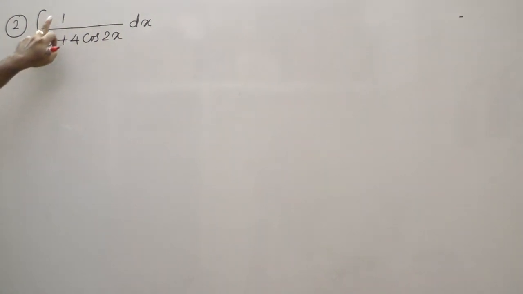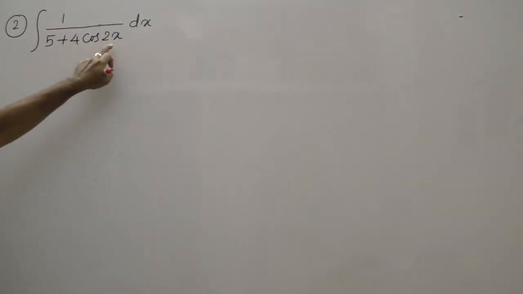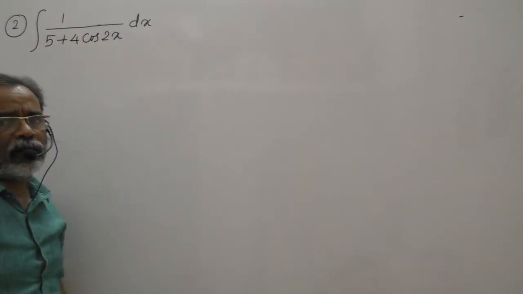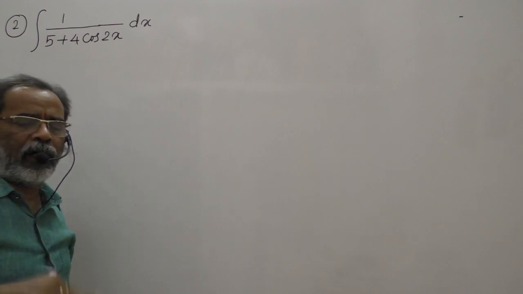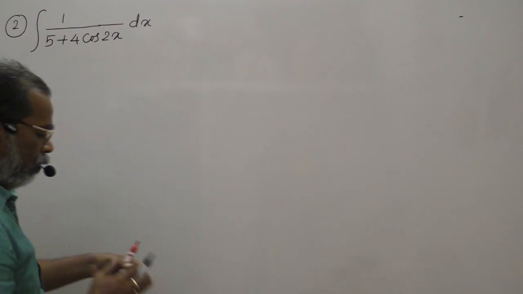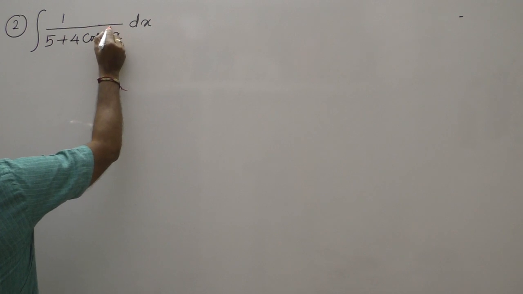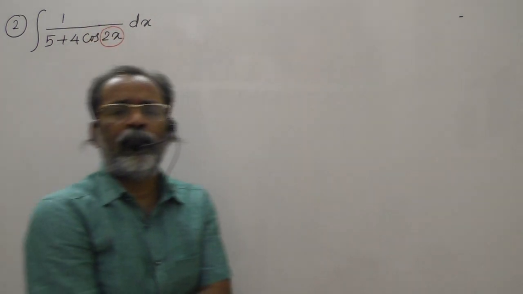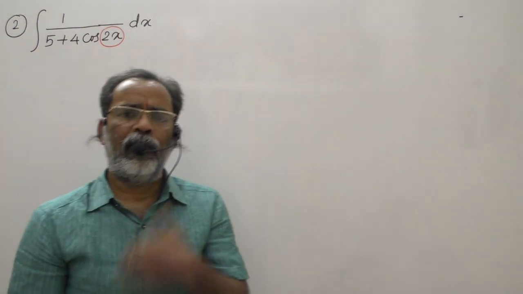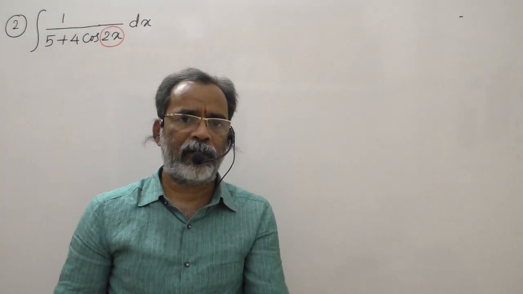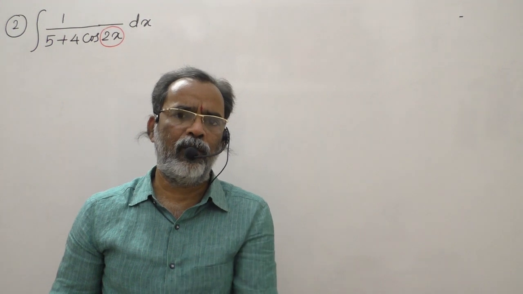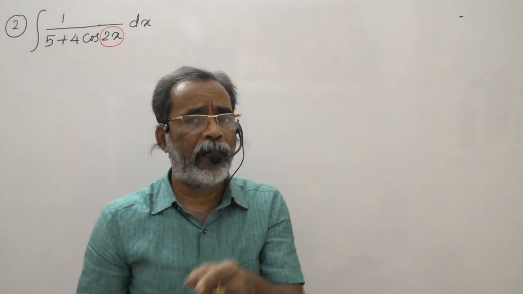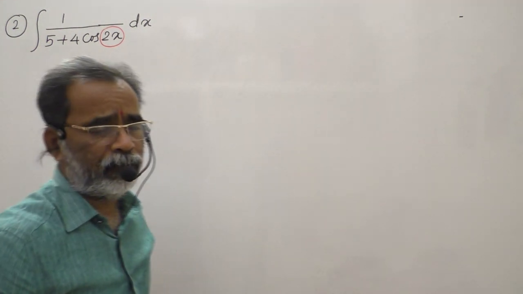See, integral 1 by 5 plus 4 cos 2x. Only cos is there. If a power is there, it comes in type 1. But please observe, here 2x is there. When I said type 2, there it was only x. In that case, I said to take the substitution tan x by 2 equal to t.